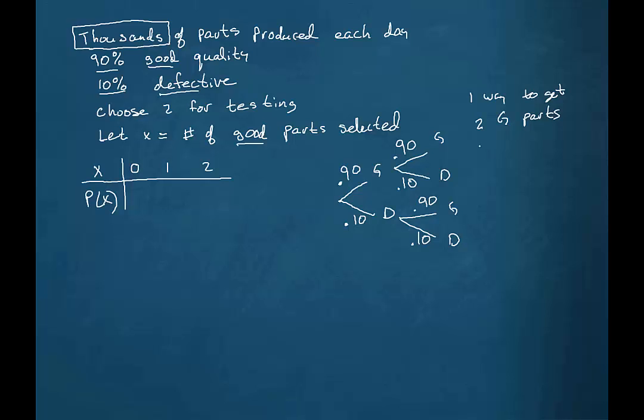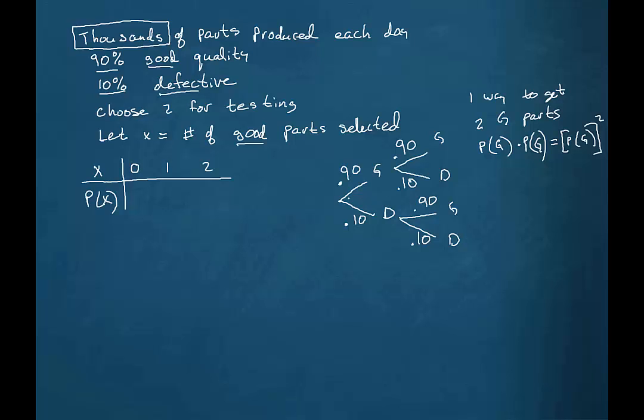And so that probability then becomes the probability that I would get a good one times the probability that I would get a good one. Which really, I could write this in a bracket like this and make it a square. All right, now how many ways can I get 1 good one? Well, let's see.